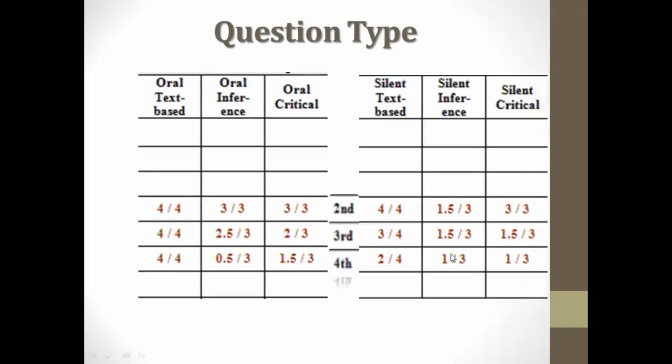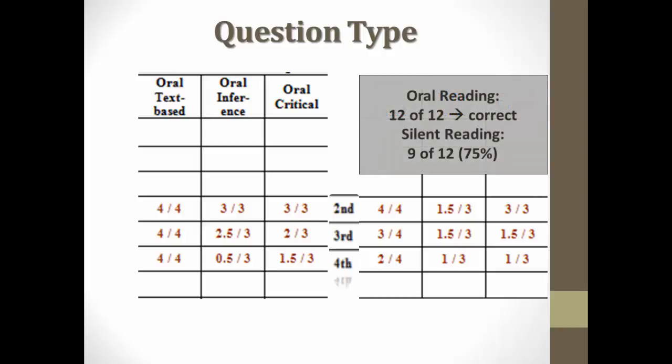We're ready to move to question type. Where will we start? Text-based. That means recall of information. What do we find? And this is interesting, folks. 12 of 12. So here we have the student with success with text-based.